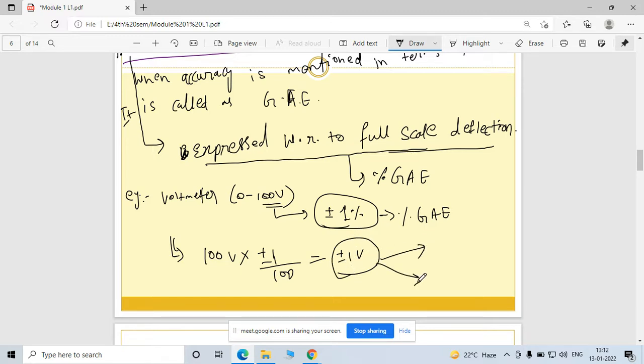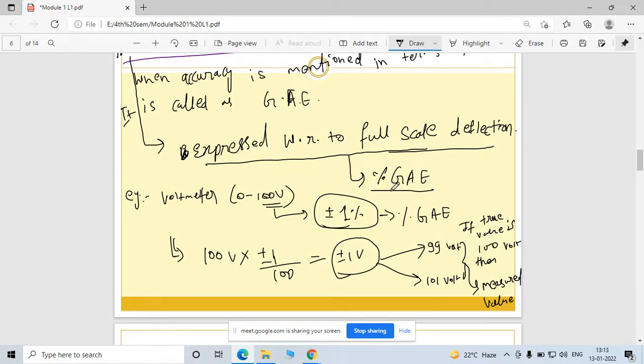So by the voltmeter, if the true value is 100 volt, then the measured value is either 99 volt or 101 volt. So what do you mean by that?